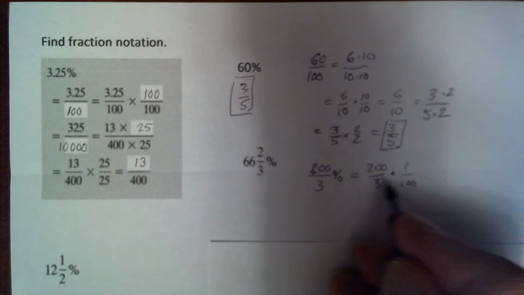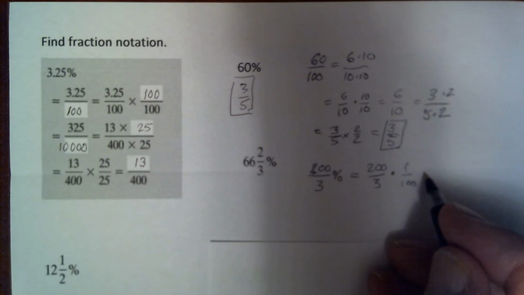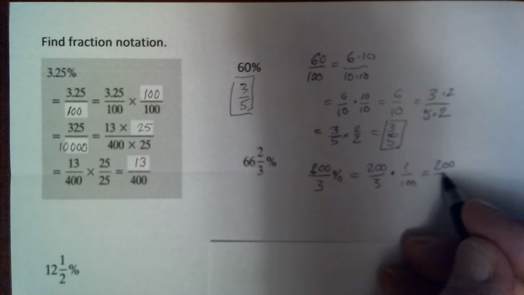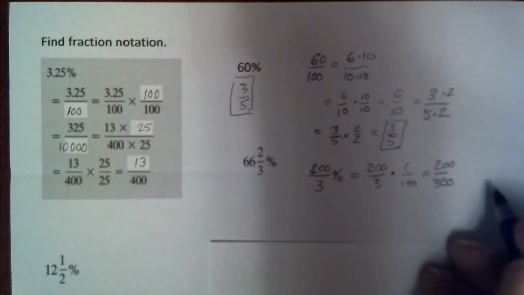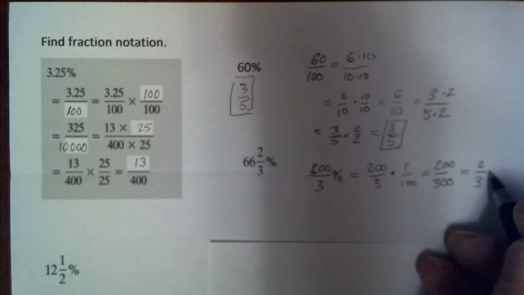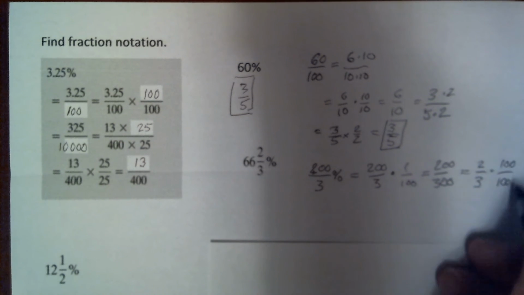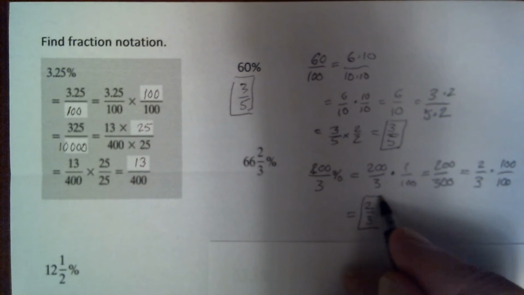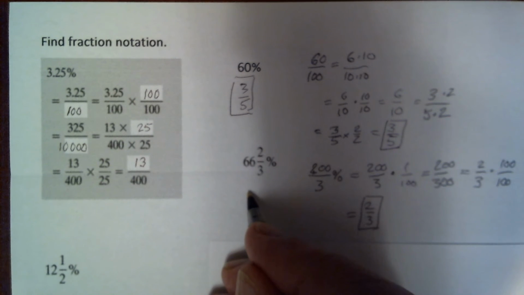So then we have 200 divided by 300, which we can write as 2 divided by 3 times 100 divided by 100, which of course is equal to 1. So then the final answer is 2/3. So 66 2/3 percent is equal to 2/3.